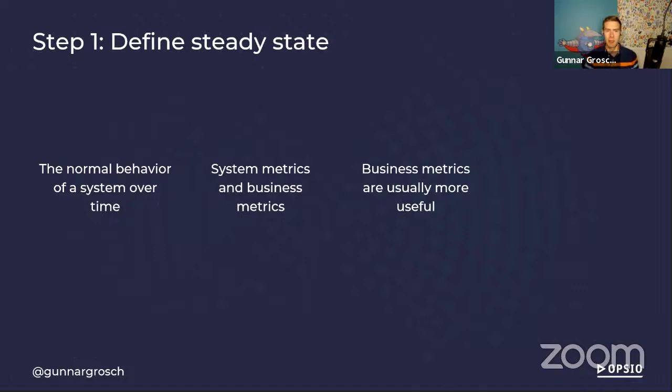The business metrics are usually more useful for us in defining the steady state. The system metrics, in a non-serverless system, might be the number of instances, CPU levels, and so on. But business metrics are perhaps instead the number of active users, number of purchases, searches, and so on. And those metrics are usually closer to that happy user.